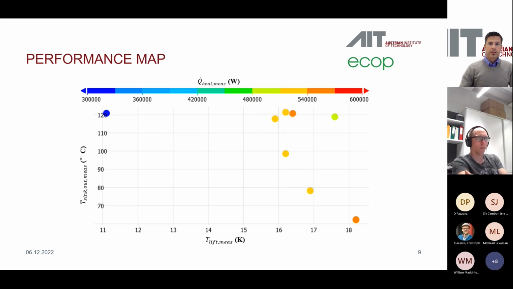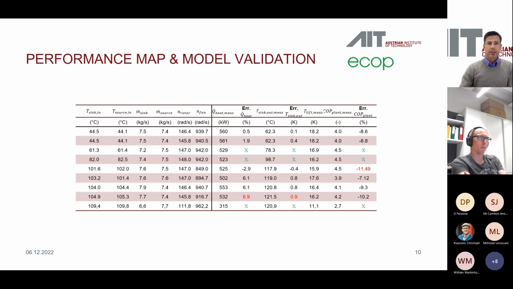But on the next slide, you can see the table with the exact figures on the left side. So the measurement values and also the speeds of the rotor and the fan, also mass flows and temperatures, inlet temperatures at sink and source sides. On the right side, you have the measured heat on the sink side and the error that we made with our model.